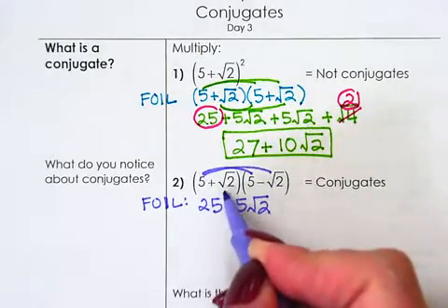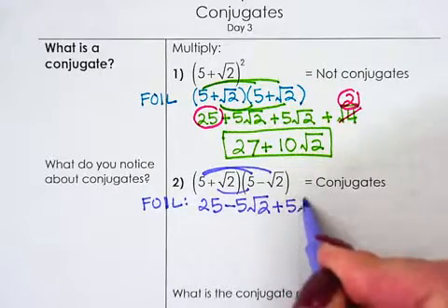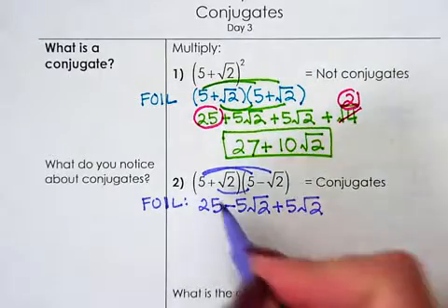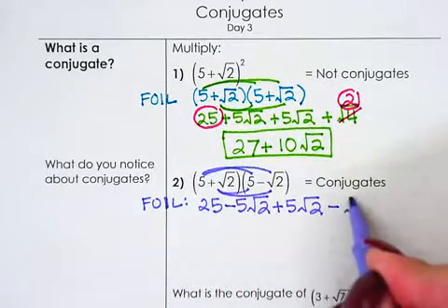And then positive radical 2 times 5 is positive 5 radical 2. And then radical 2 times negative radical 2 is negative radical 4.